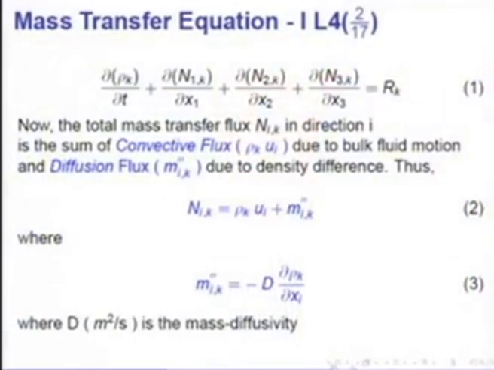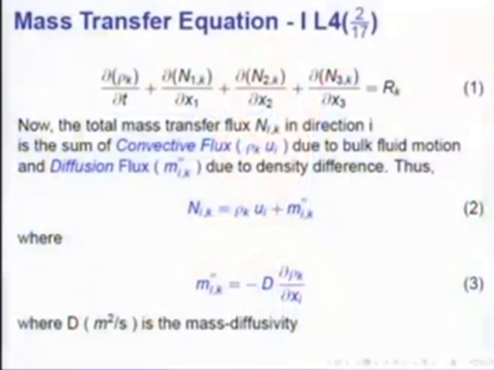The expression for mass flux by diffusion is given as m double prime i K equal to minus D d rho K by dx i. This equation is analogous to the conduction heat transfer and is like Fourier's law of heat conduction. In mass transfer, it is called Fick's law of mass diffusion.